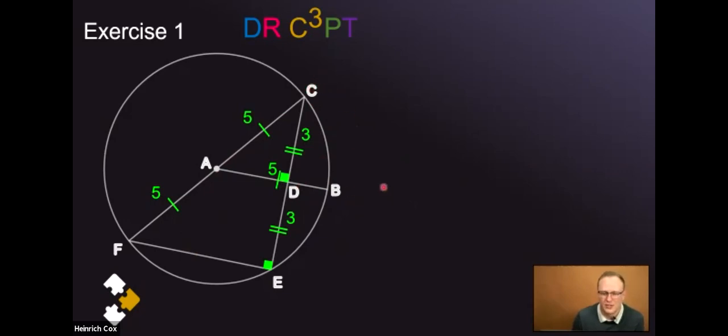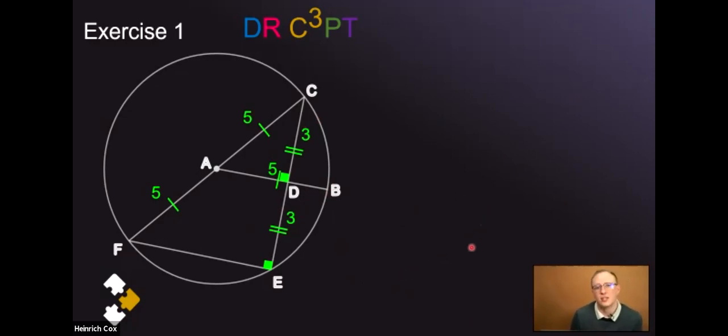So we do have C, B, E, F as being concyclic points, but it doesn't form a cyclic quadrilateral since CB, EB doesn't quite exist as lines, and angles in the same segment is also not useful because F and B are not joined. Okay, so that's not useful. And then the third C, chords that are equal, well, we kind of do have that, but they're not subtending angles at the circumference.